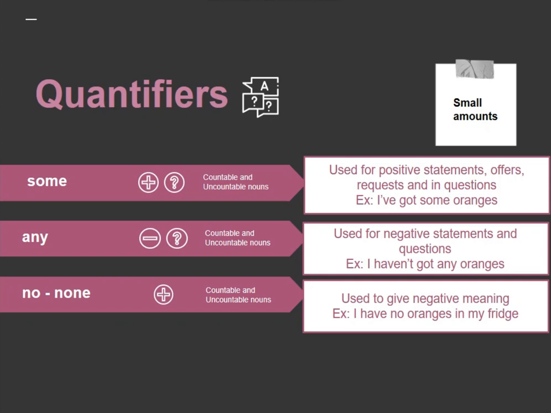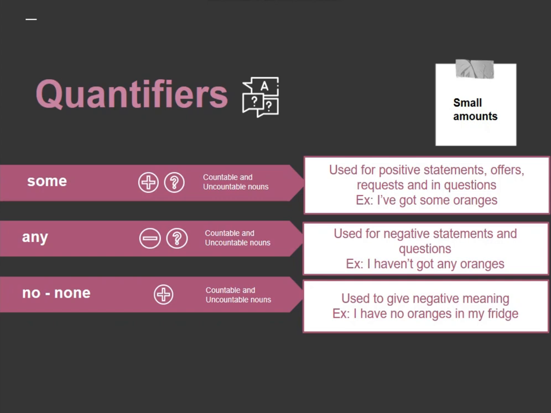For example, I can say, I have got some oranges. This is a positive statement. When I need to use it as an offer, I will say, can I get you some oranges? For a request, I can say, can you give me some oranges please? This is a request. So this is the word some, used for positive statements, offers, requests, and in questions.